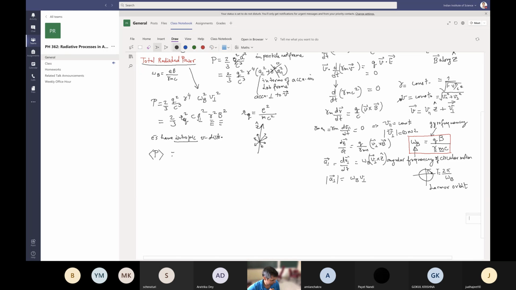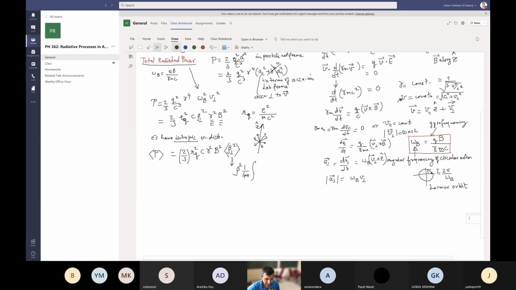That's nothing but 2/3 r_Q squared c. Gamma is a constant, so it comes out of this. So gamma squared B squared and beta perp squared. So this you have to average over all angles. What is that? That's nothing but beta squared times 1 by 4 pi.